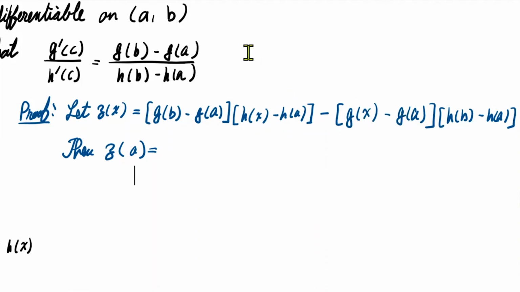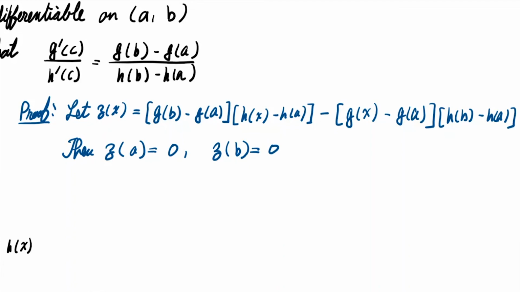So this is 0. Good. Now let's calculate z of b. What is that? If I put b here, this entire term and this entire term look exactly identical. So something minus itself is also 0.